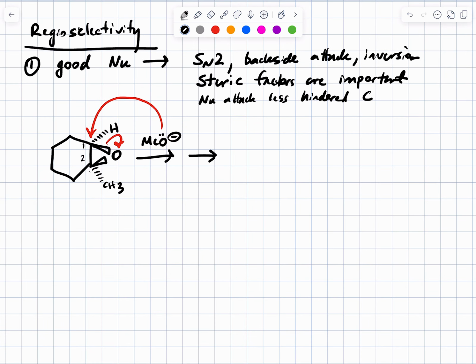So we're going to do backside attack on carbon 2, and the leaving group's going to leave. I'm going to skip the subsequent protonation step. I'm going to show MeO being at carbon 1 as a dash because we've got inversion of configuration. Then at carbon 2, I'm going to show an OH group. That was the leaving group from my epoxide, and MeO is my nucleophile. The methyl group on carbon 2 stays where it always was.